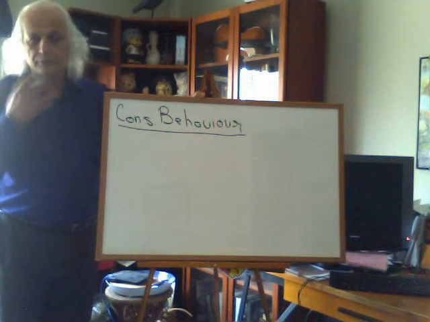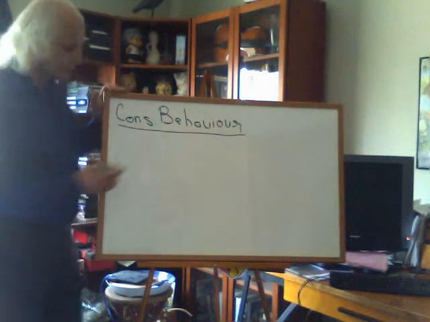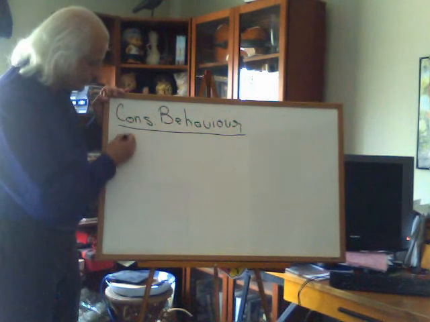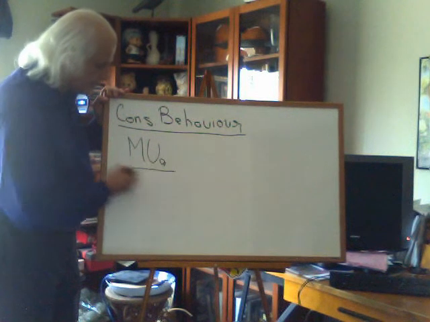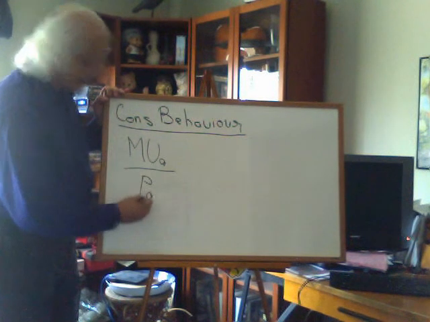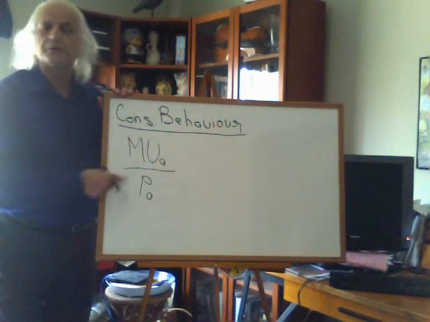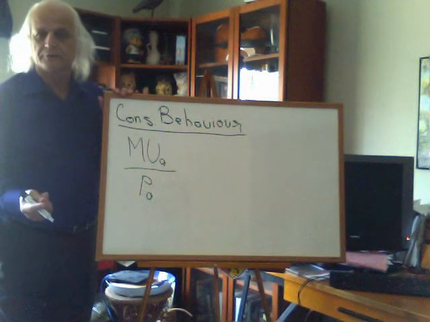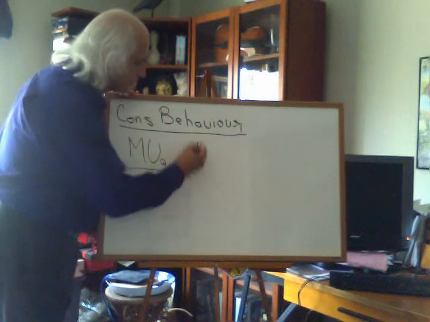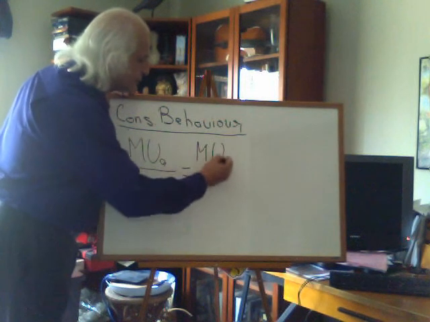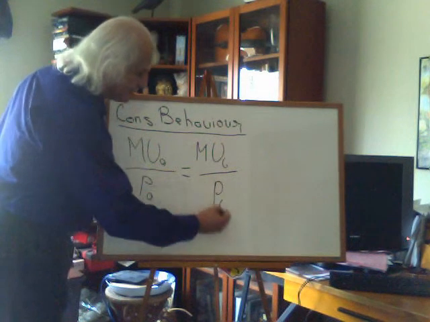If you reflect on the subject for a few minutes, you'll find there is a very simple law which says that the marginal utility you get from A over the price of A, which means the marginal utility per dollar that you spend on it, is going to have to be equal to the marginal utility you get out of another item over the price of that other item.